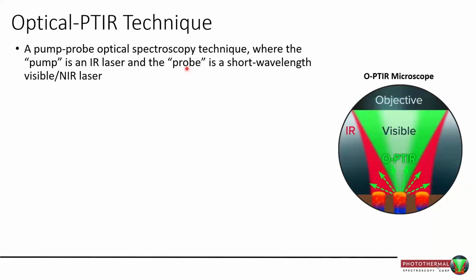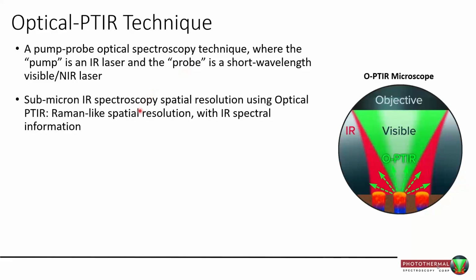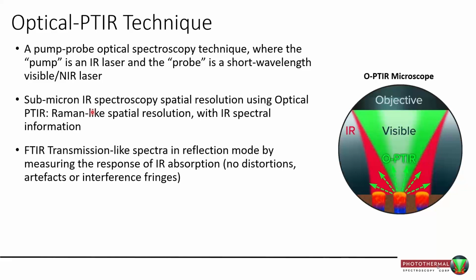And then we use a secondary probe beam, a short wavelength laser, typically green or near IR, to detect the result of that excitation. Right? And because we use this probe beam with very short wavelengths, we end up with Raman-like spatial resolution, but we get all of the richness of infrared spectroscopy and its benefits. We work primarily in reflection mode, which is that easy-to-use mode.